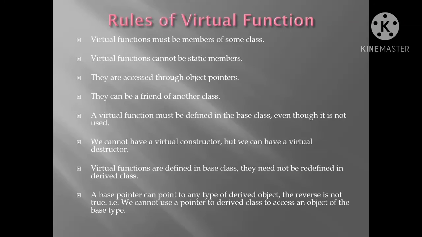It means you cannot create a pointer to a derived class and have that pointer point to a base class object. So while creating a pointer, you have to be very sure that you are creating a pointer object of a base class. These are all the rules of virtual functions.